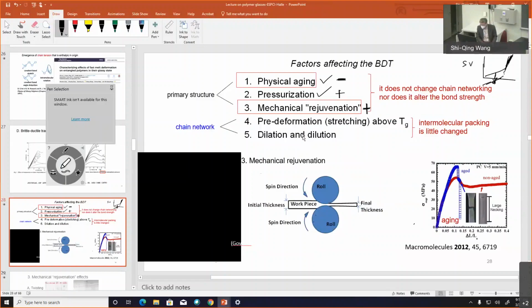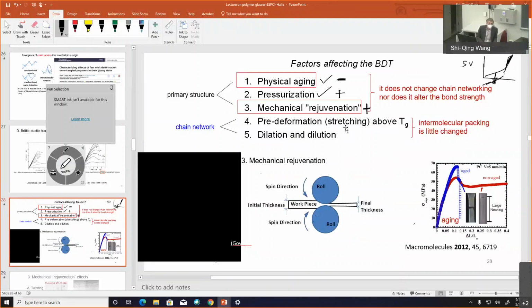So here are the two factors that are very important to recognize. It turns out, to cut a long story short, it's known for 50, 60 years that I can make my polystyrene ductile. Remember, it's a brittle polymer at room temperature. I can make it ductile by doing the following.